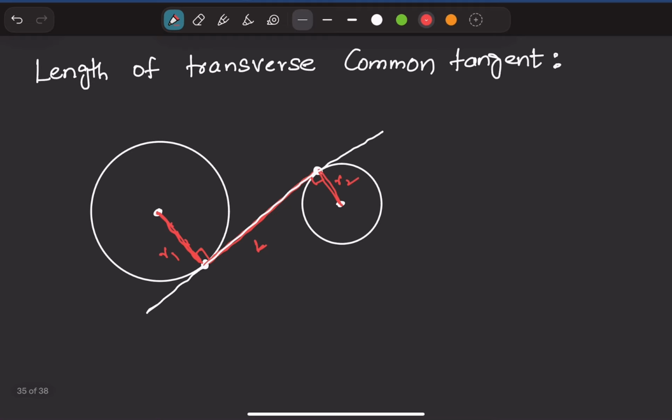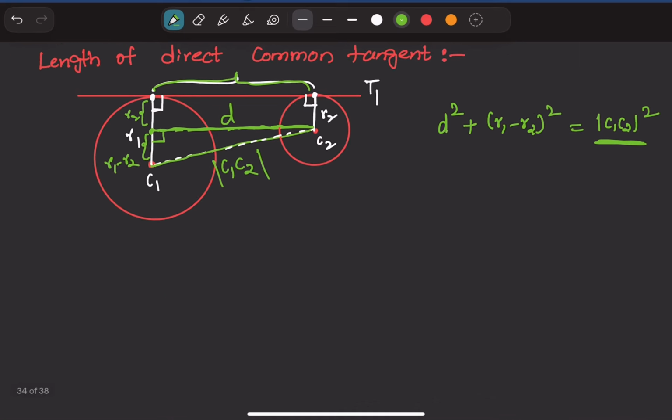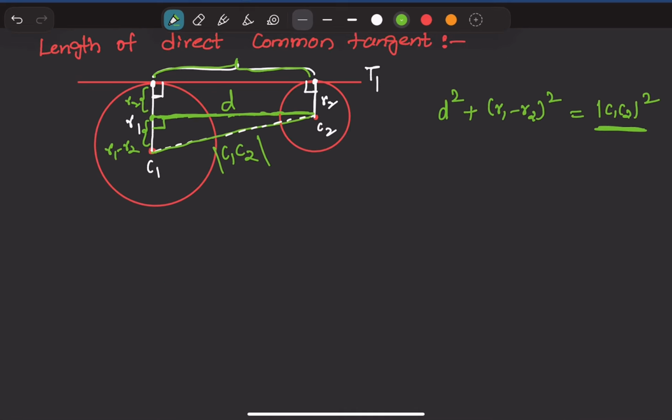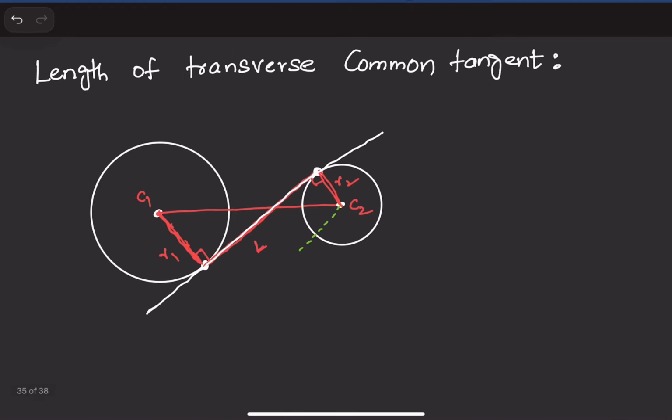So now let us join the centers. This is C1, this is C2. Alright. So now what we can do is we'll try to draw a line parallel to this tangent. In the previous case also we drew a line parallel to the tangent. So we will use the same concept here as well.